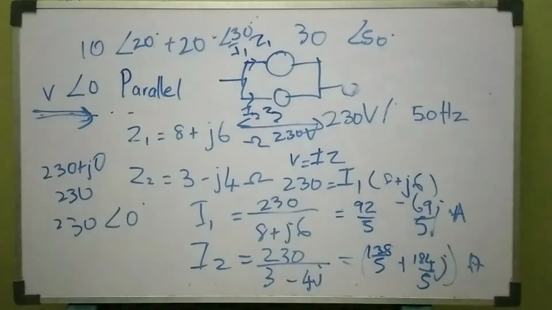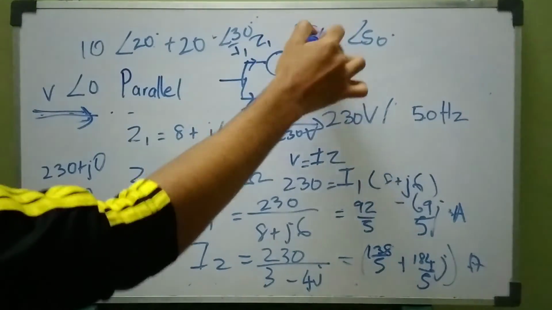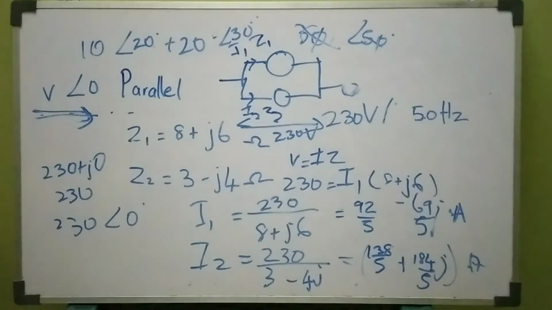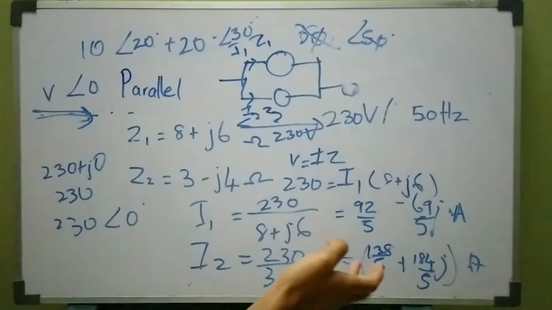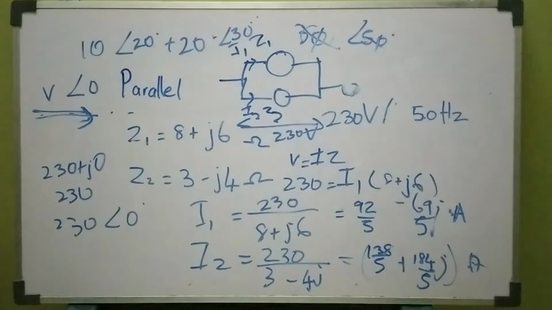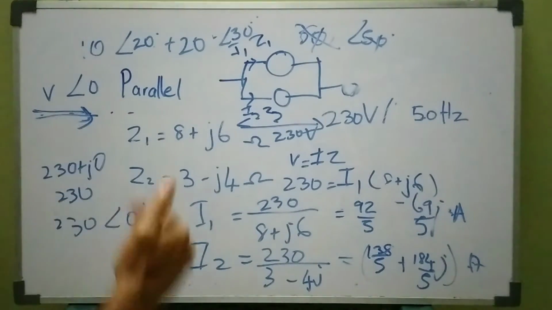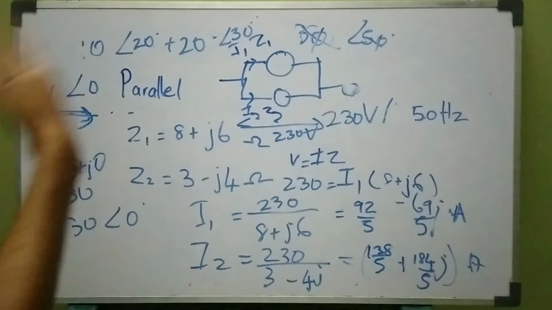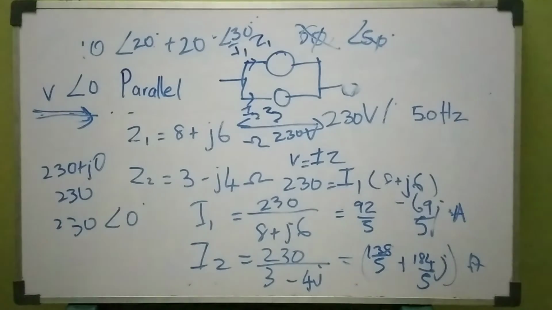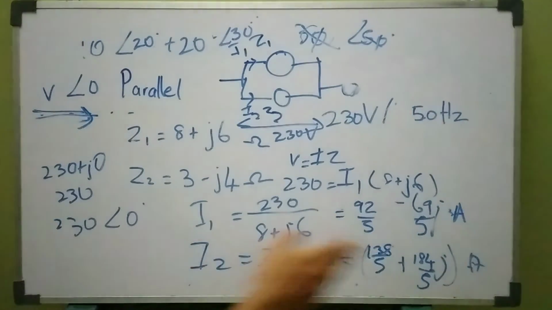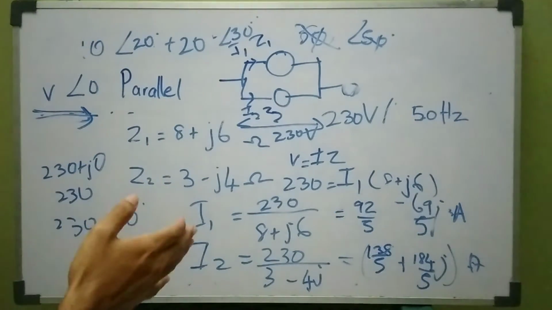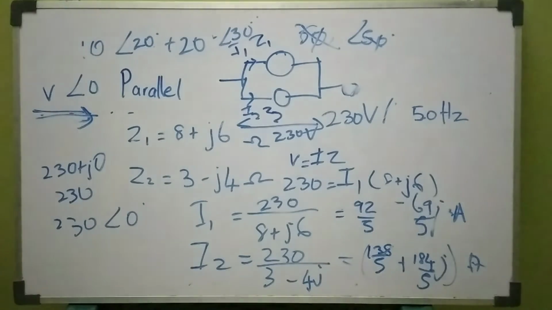But if you are using the calculator, you can add and get the value. But if you are doing it manually, try to do it with complex numbers, otherwise it would be difficult. You need to change this to complex numbers, and after that only we need to find the answer. So it would be easier if you use complex numbers when using manual methods.